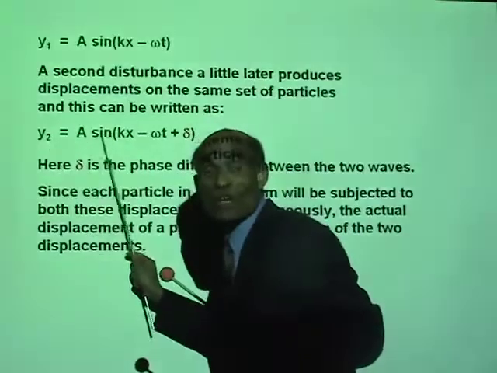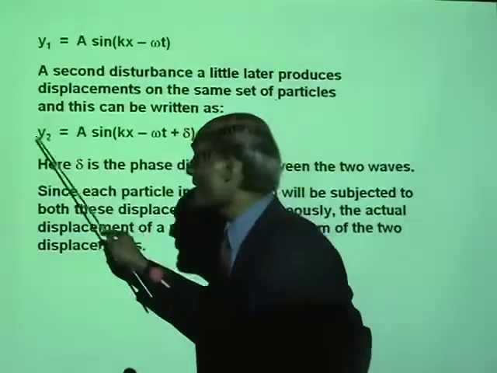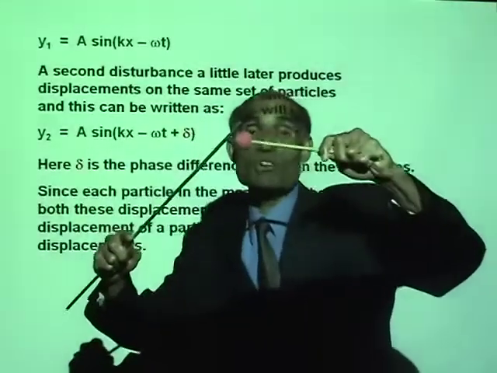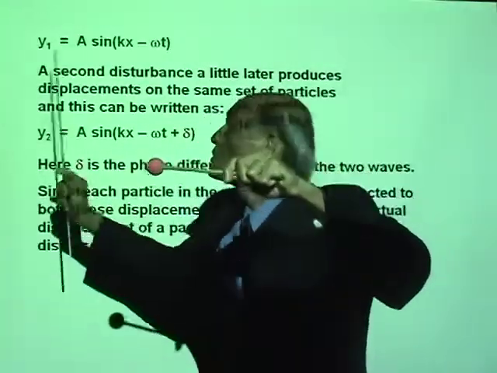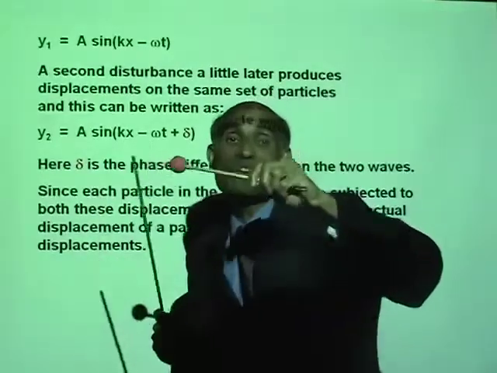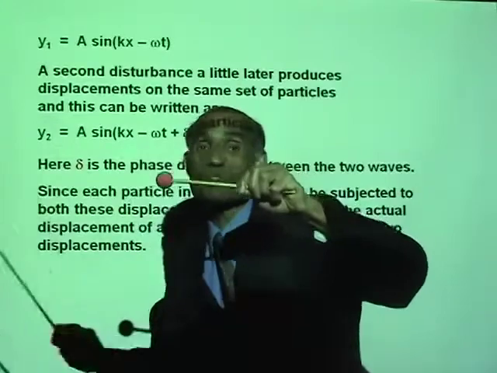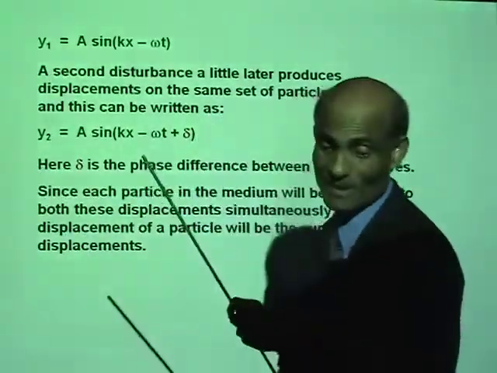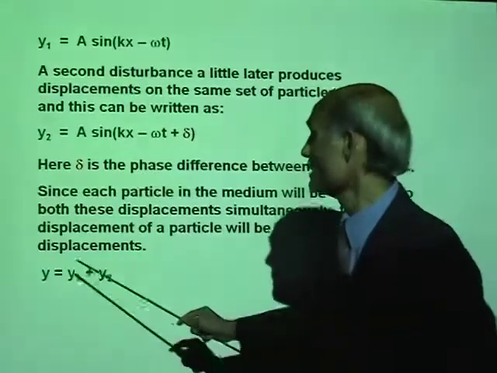If this is the only disturbance, then the displacement will be given by y2. But this particle is now subjected to this disturbance and this disturbance. That means the displacement of this particle will now be y1 plus y2. And what will that be?